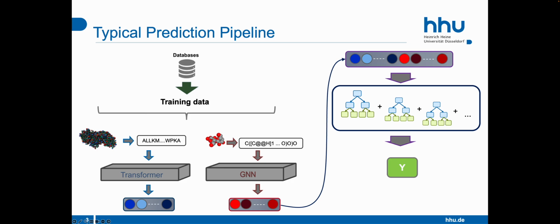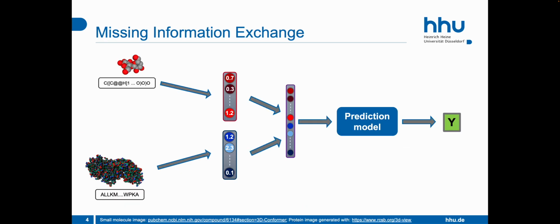We have already discussed that gradient boosting decision tree models are typically well suited for such prediction tasks. This task can either be a regression task, such as predicting how much a small molecule drug inhibits the function of a protein, or it could be a classification task, such as predicting whether or not a small molecule is a substrate for an enzyme or a transport protein.